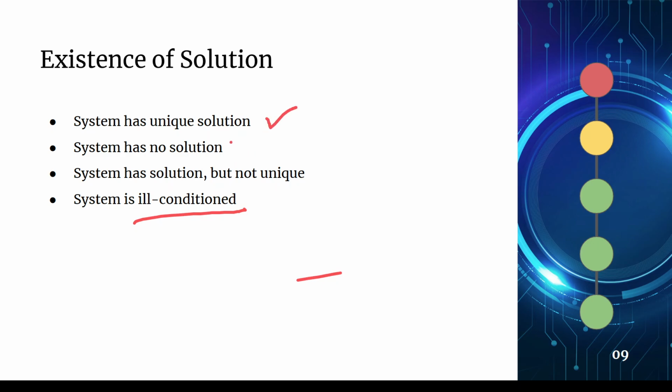The second graph, where they were parallel, means the system has no solution. Next, the system has a solution but not unique, there are an infinite number of solutions. And finally the system is ill conditioned, which means it's hard for a numerical method to guess correctly what the answer will be.